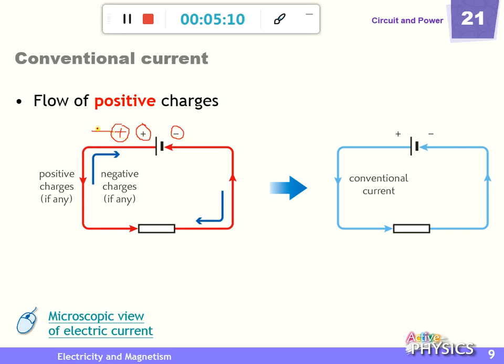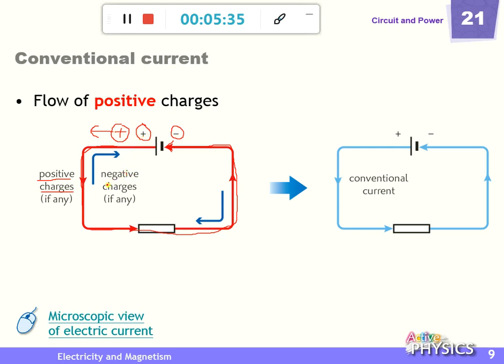Then the positive charge will move in this way. It means following the red line. This red line, we will focus on the charges as positive, and then come around and end at the negative terminal. This one will be the current we thought of around 200 years ago.